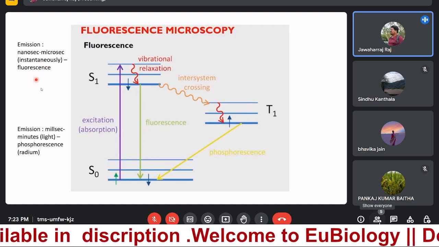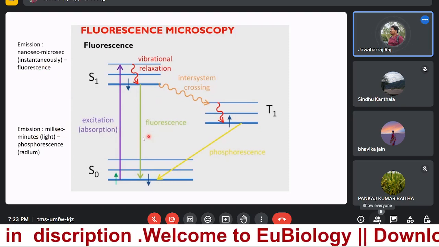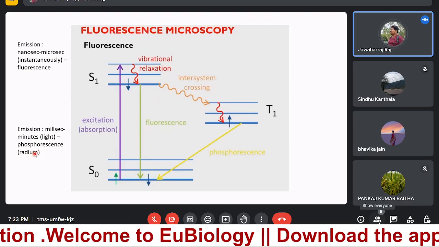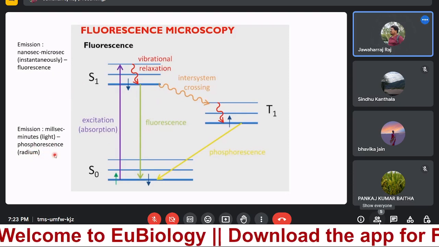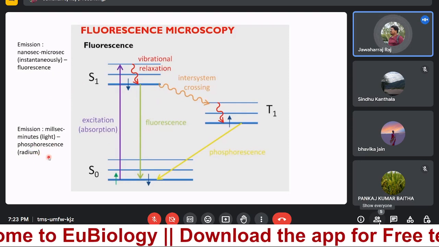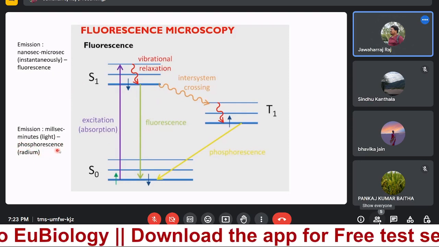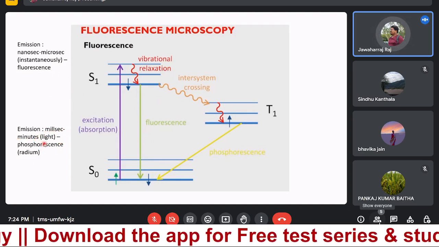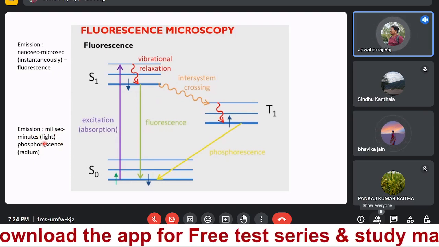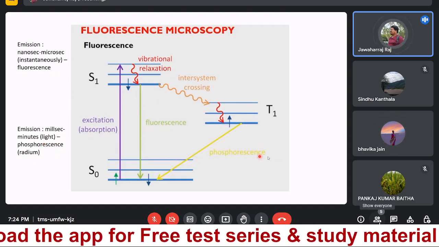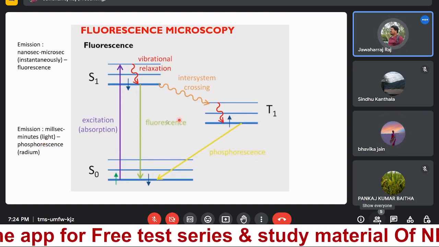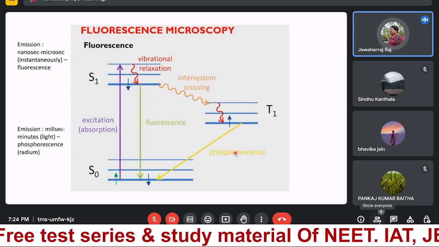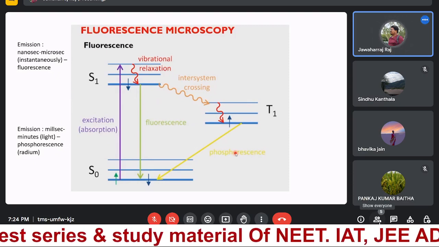But phosphorescence is like radium: you give light to it, but it maintains the color for a long time, from milliseconds to minutes. If you give light to an object now, and it is able to glow after 10 minutes also, it is called phosphorescence. Fluorescence is instantaneous, immediate, but phosphorescence can maintain up to some time. That is the difference between fluorescence and phosphorescence.